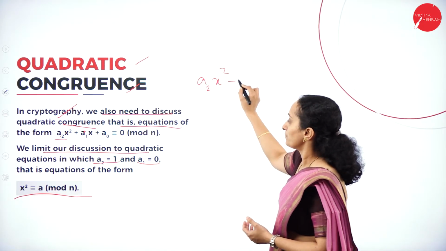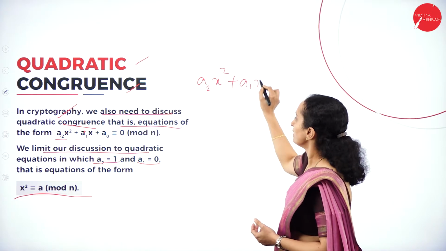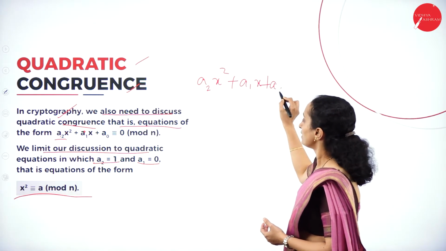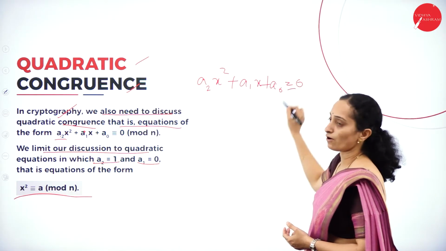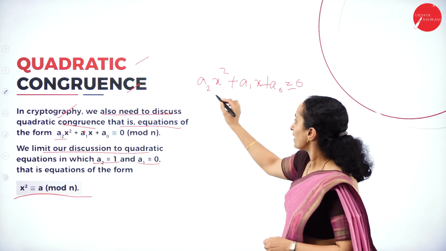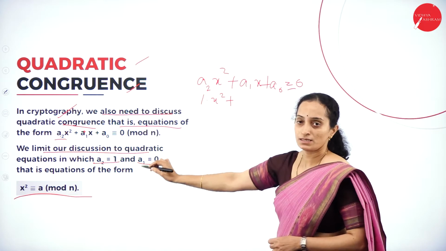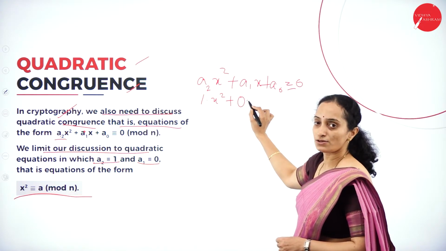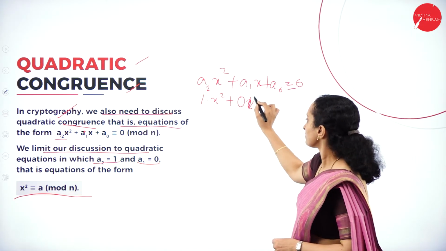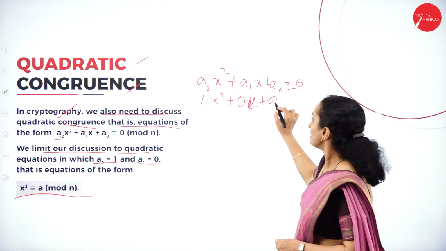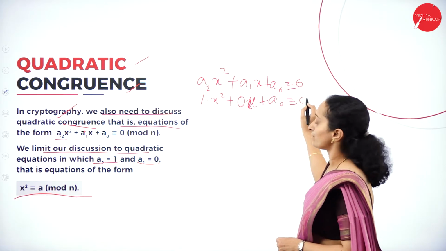a2 x square plus a1 into x plus a0 is congruent to 0. If a2 becomes 1, 1 into x square plus a1 is 0, 0 into x plus a0 is congruent to 0.